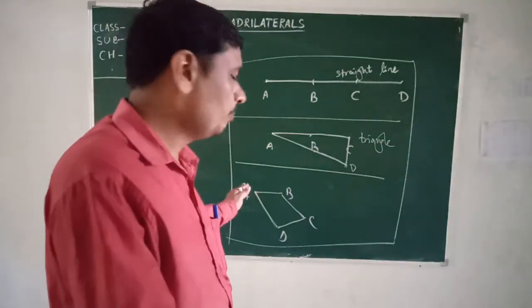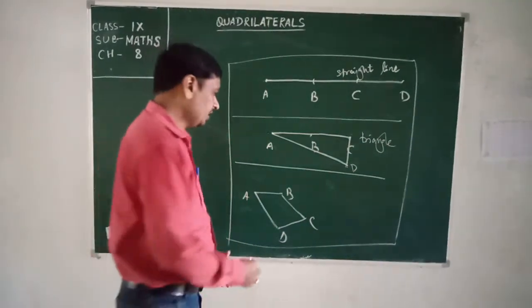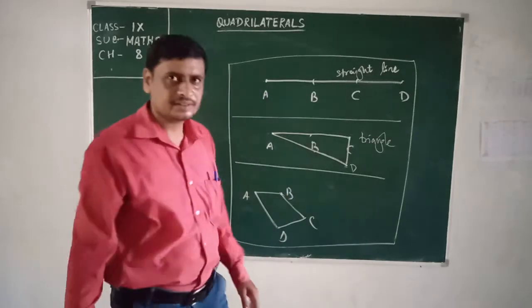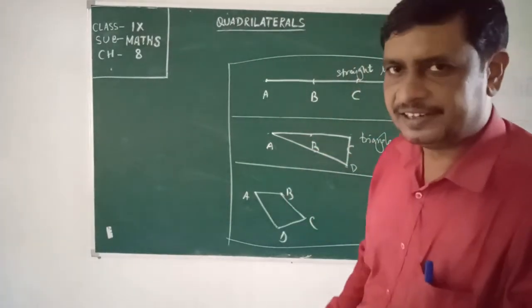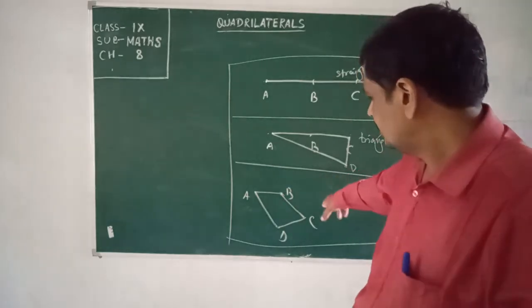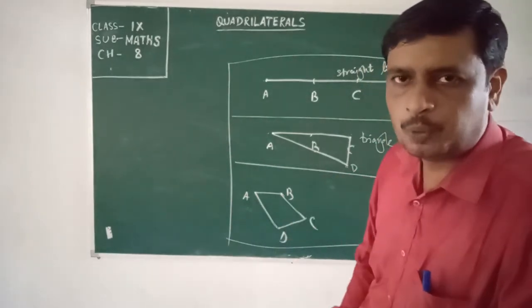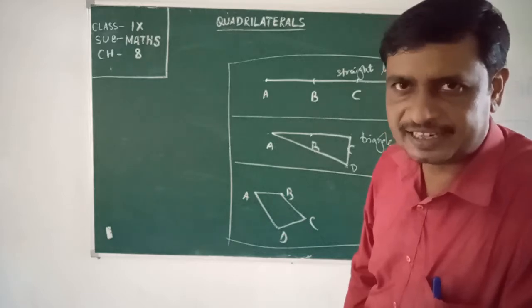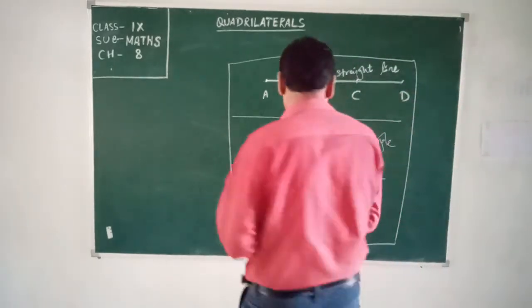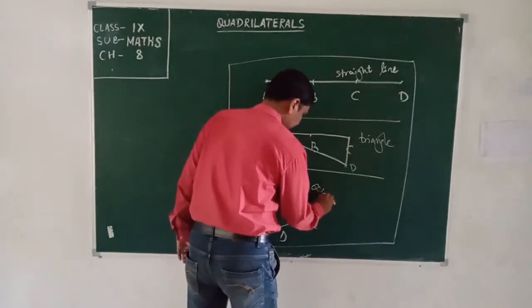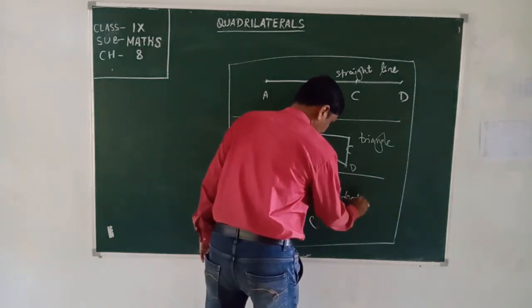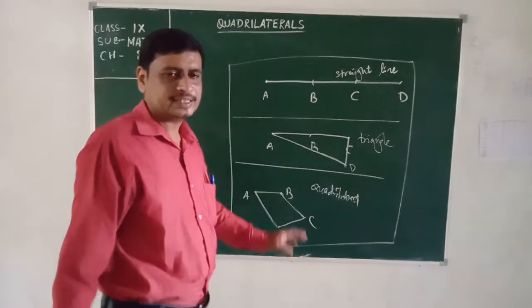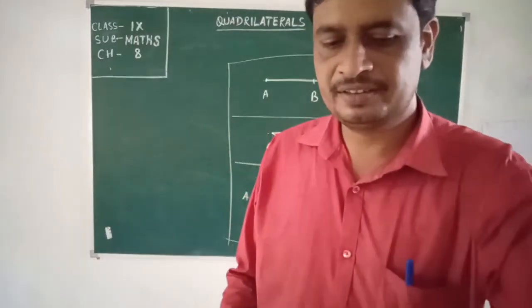When we join 4 non-collinear points in order, in a definite order, then we get a 4-sided closed figure. That is called quadrilateral. This one is called quadrilateral.